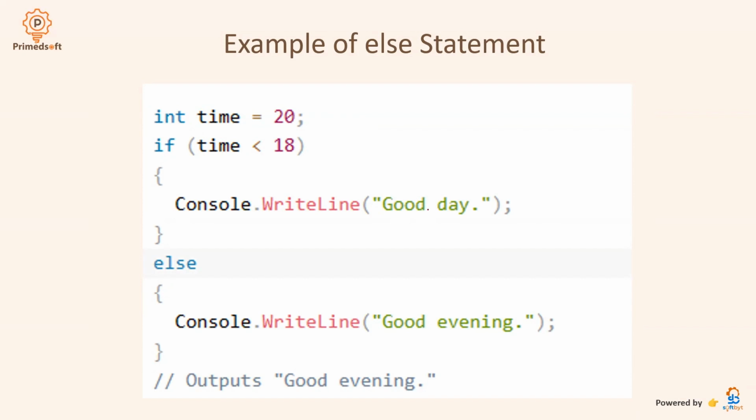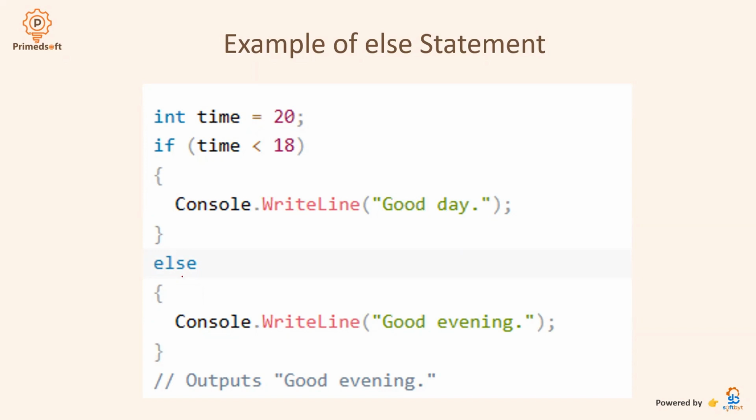Why is that? No, it's going to print good evening. 20 is not less than 18. Yes, well done, Casey. Because it has checked that the time is 20, not less than 18, it would skip this one. It wouldn't print this one. It wouldn't execute this if statement.